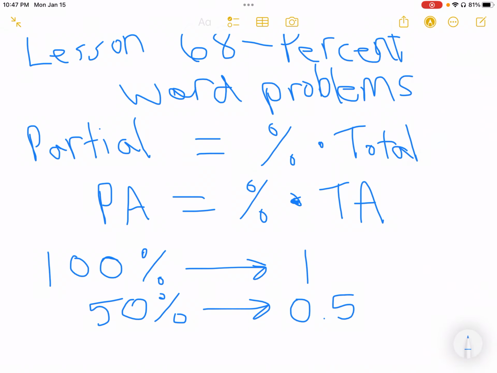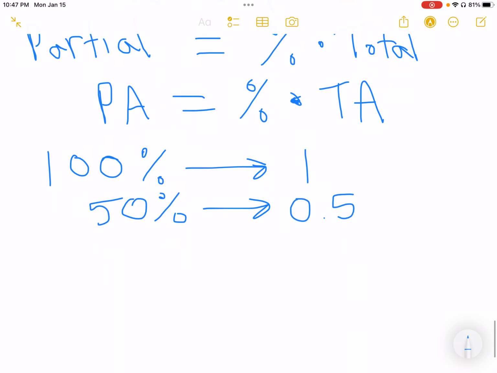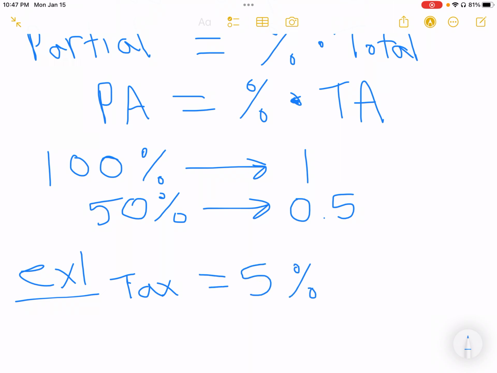Okay. So, example 1, they say sales tax is 5% in Maryland, right? So we'll just write tax equals 5%. That means 5% is 0.05.